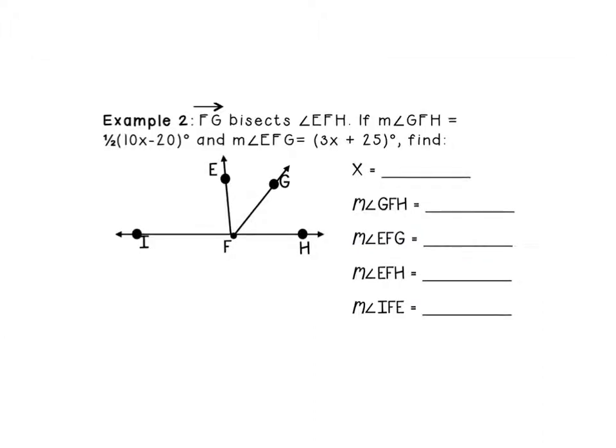Now looking at an example, I know that FG right here bisects EFH. So I know that EFG and HFG are going to have to be congruent.